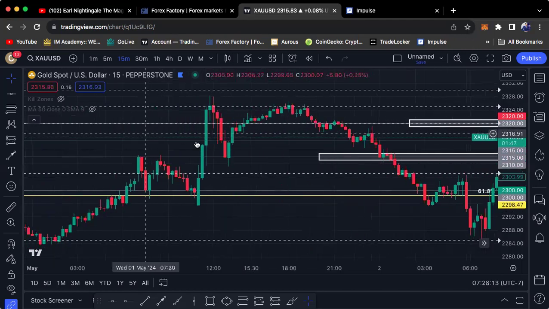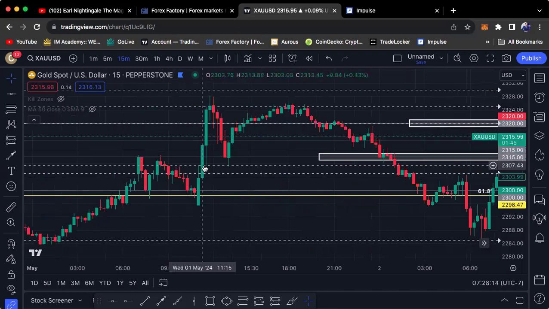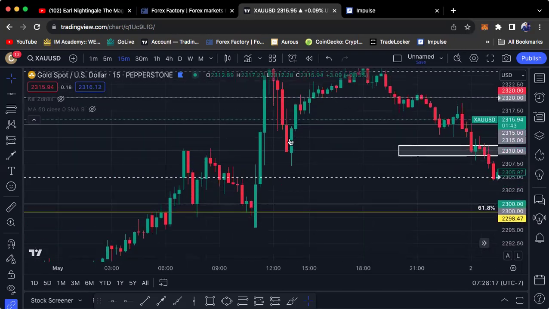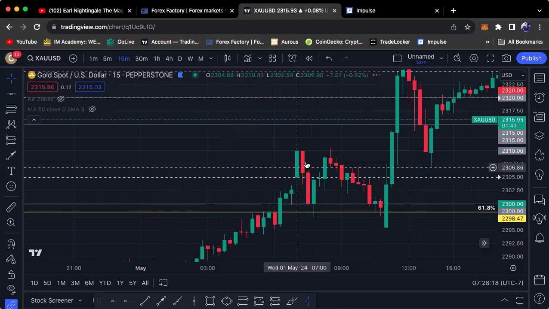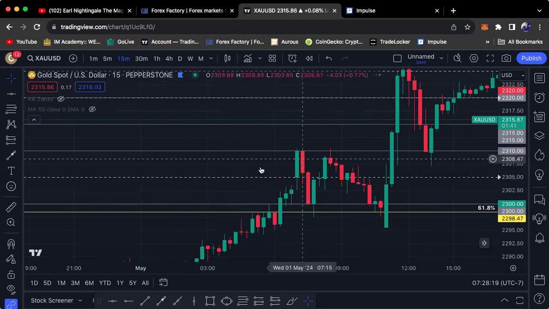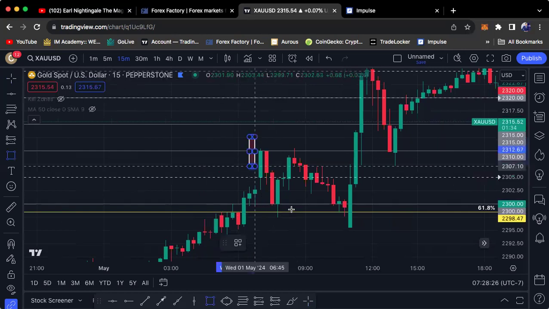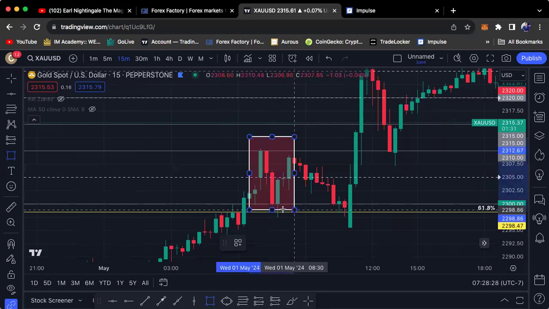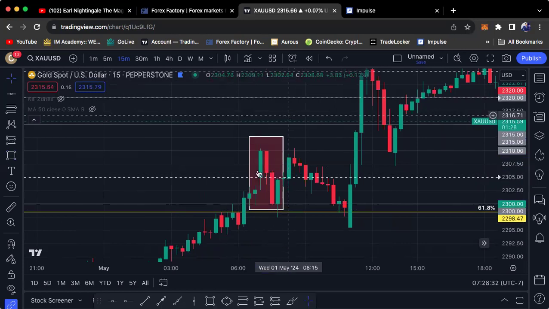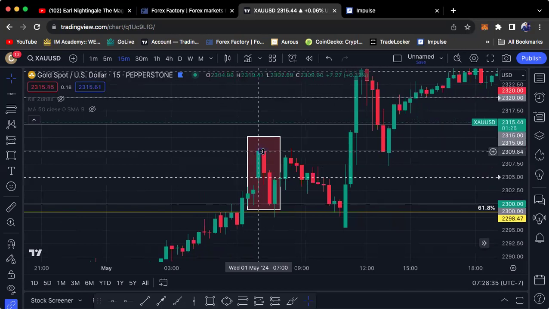Right here. You see it? Yeah, it was right here. You guys see this? It may do something like this. You got the bullish candle and then two red candles.